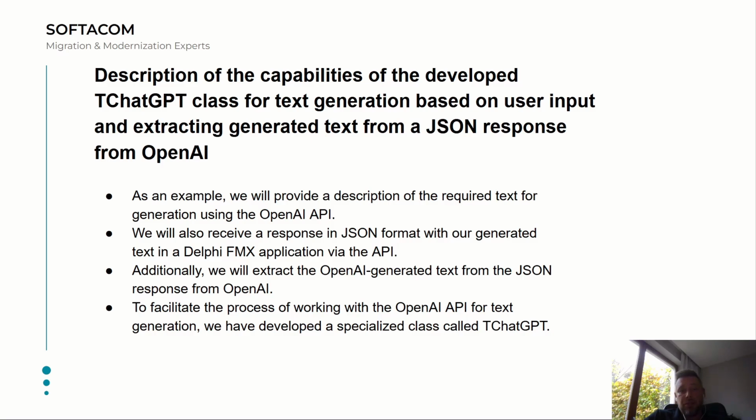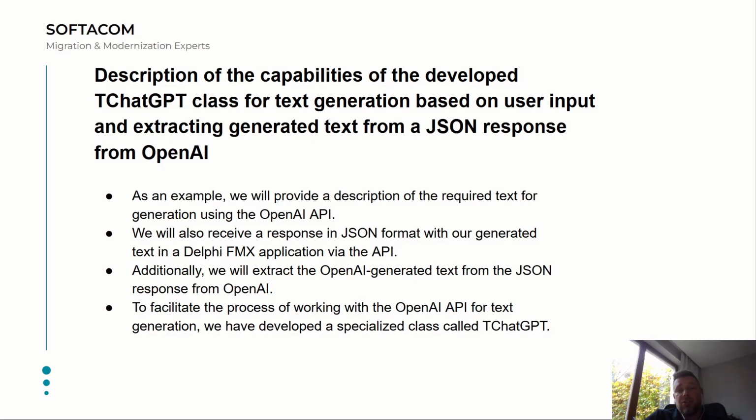Of course, for this request we can provide different parameters, and it's better to check the API reference on the OpenAI website, but from a satellite view, one of the most important parameters is the model which we want to use.